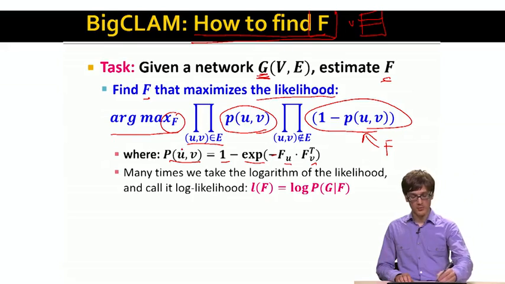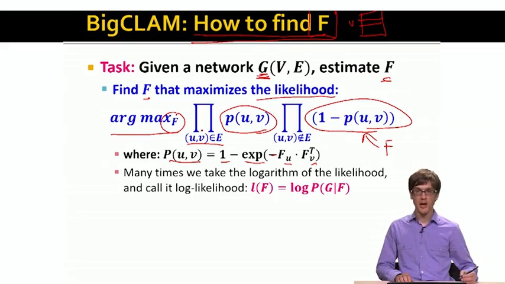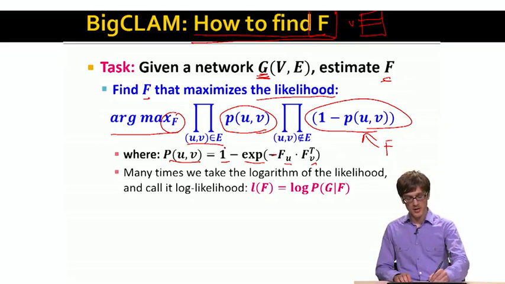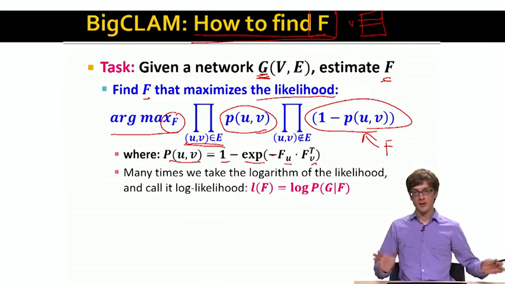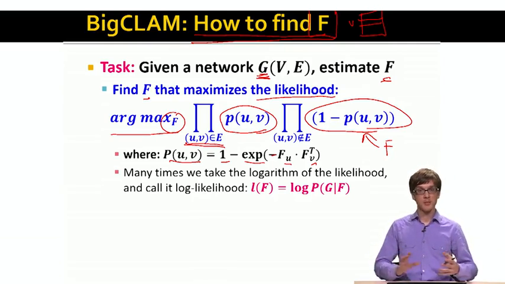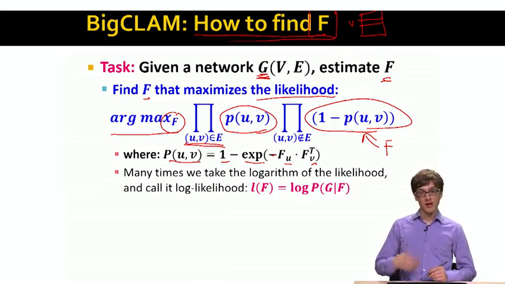Rather than working with this expression, which is called the likelihood, we would like to work with the log likelihood. So basically, we take the logarithm of the likelihood. The reason we take the logarithm is because then all the products become summations. If we have a product of terms and we take the logarithm, that simplifies to a sum of the logarithms. And this is good for two reasons. First, it's analytically nice to work with the log likelihood.